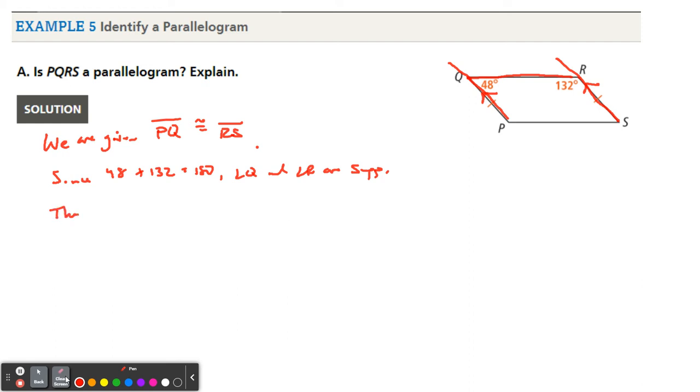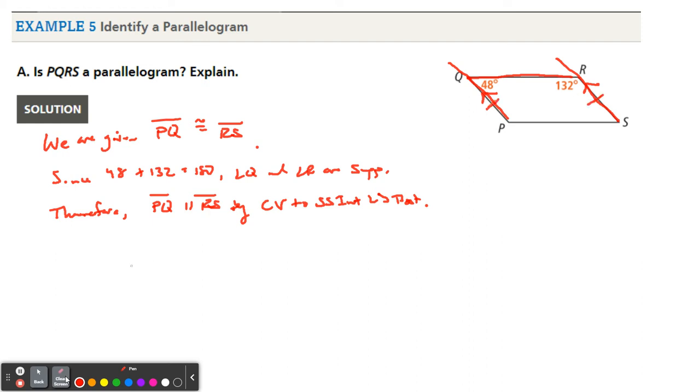Therefore, segment PQ is parallel to segment RS. That'd be by the converse to same side interior angles theorem. Postulate, whatever. They're same side interior angles. So what we've just shown is we have one pair of sides that is both congruent and parallel.